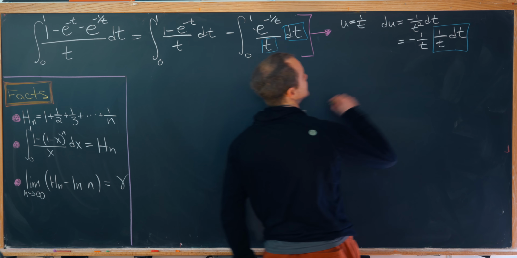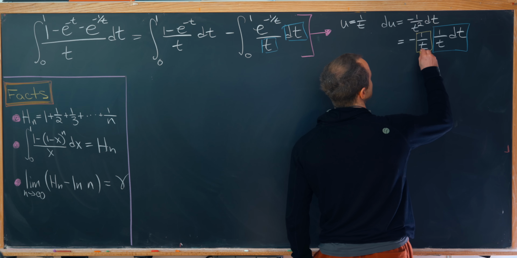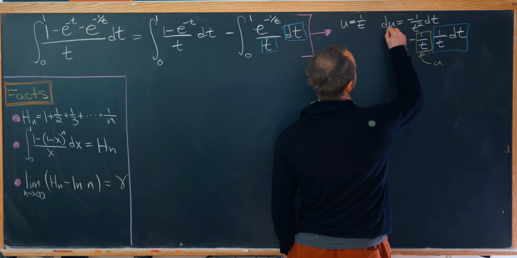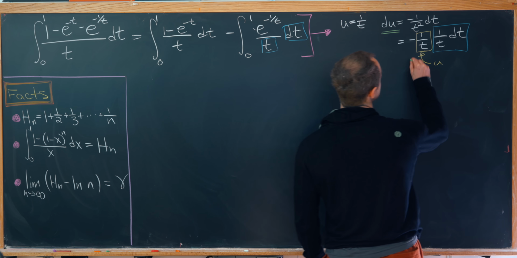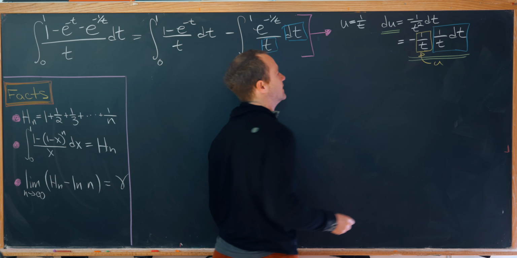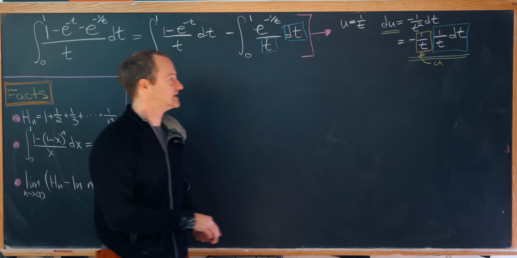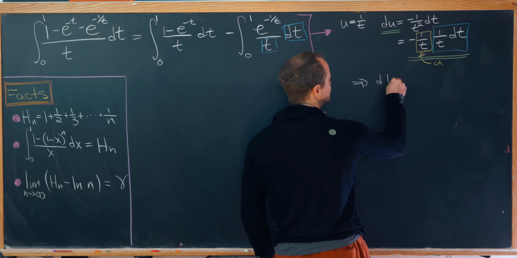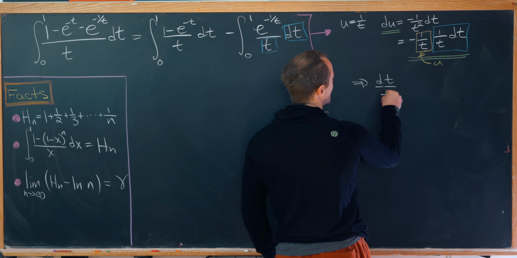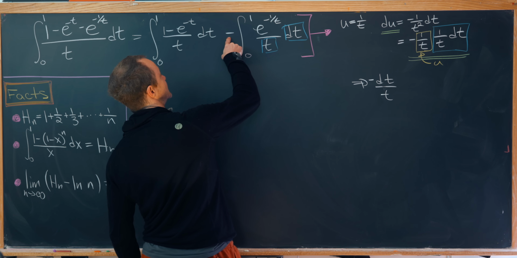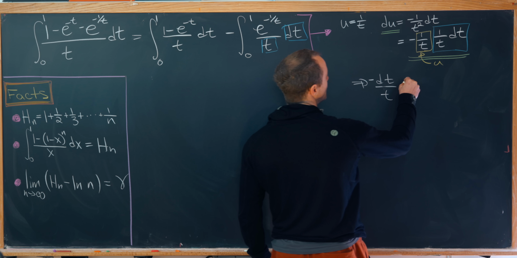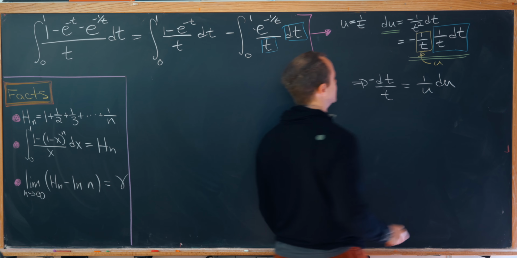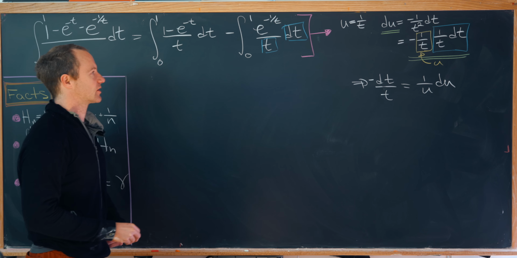But we can clearly see that here, this 1 over t is equal to u. Okay, but now taking this equation that I built, starting over here with the du, and ending over here with the minus u times 1 over t dt, we can see that solving for the leftover bit, the minus dt over t, we'll see that we get 1 over u du. So that's the simplification that occurs.